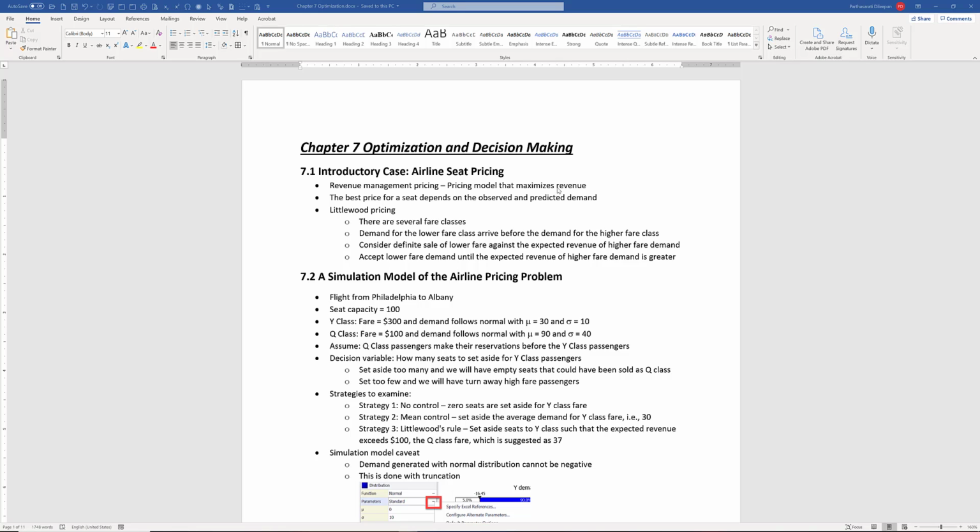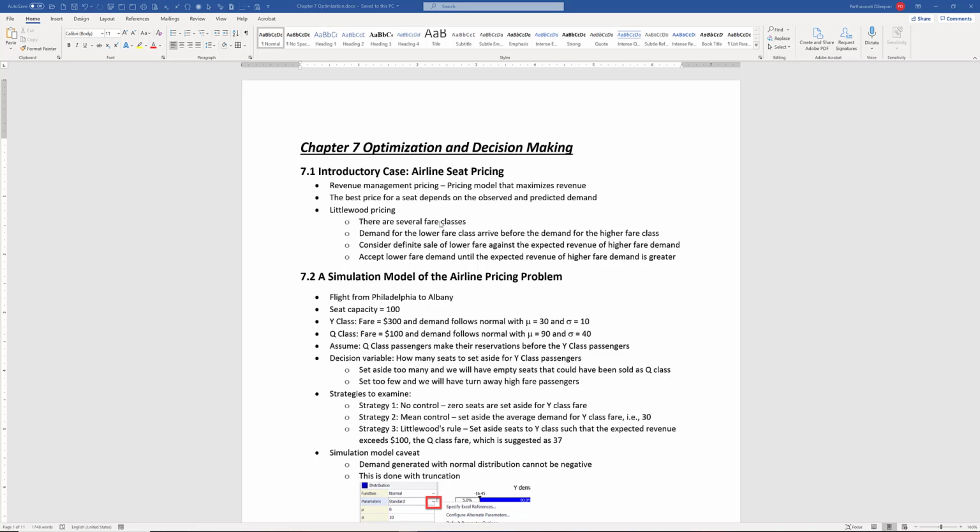So that's the focus of this chapter, and there are some new concepts that we will be dealing with, and we're going to be looking at all of these different concepts from a single case example, and that involves the airline seat pricing problem. So we call this kind of seat pricing model revenue management pricing.